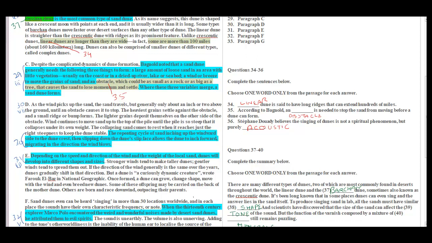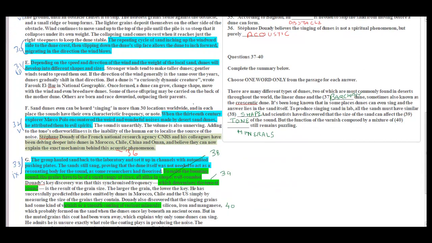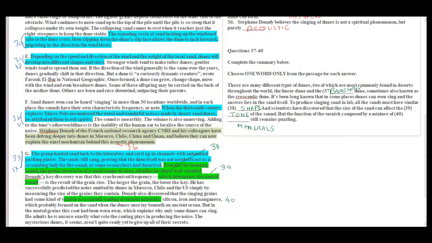Next, the 36th question. Stephanie Dowdy believes that the singing of dunes is not a spiritual phenomenon but purely dash. Okay, so we have studied spiritual phenomena. We have seen it here in part F. Here it is given: Stephanie Dowdy of the French National Research Agency CNRS and her colleagues have been delving deeper into dunes in Morocco, Chile, China, and Oman, and believe they can now explain the exact mechanism behind this acoustic phenomenon.